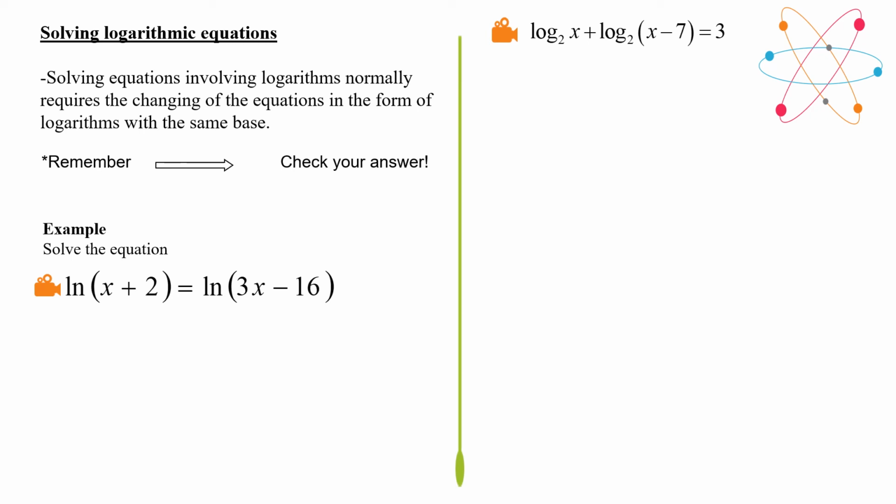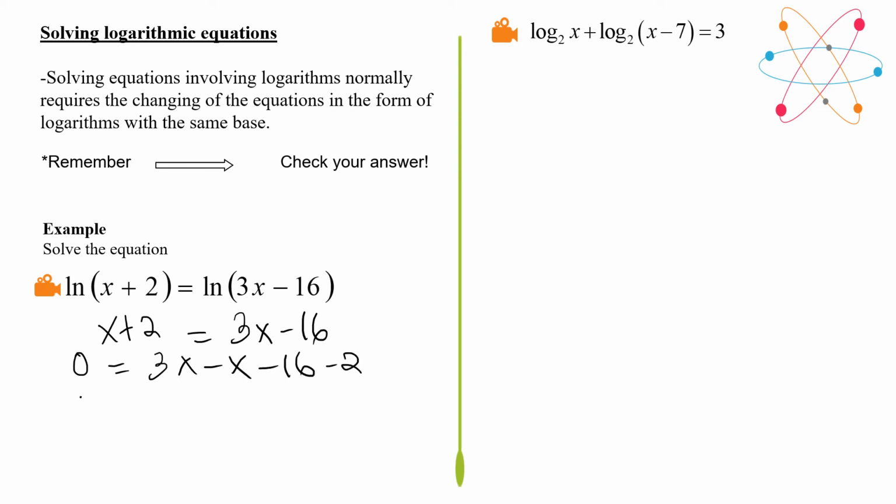For this example, both sides already have the same base, base e. So, x plus 2 equals 3x minus 16. Simplify it. x now is 9.